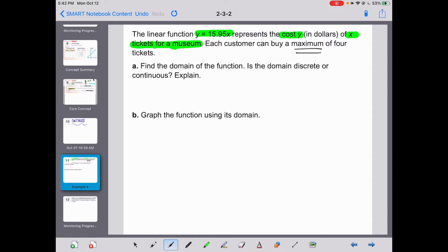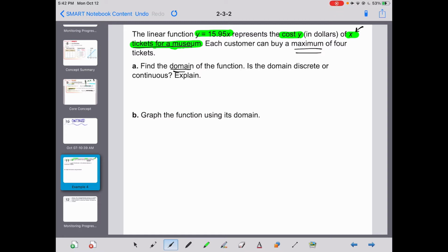It says find the domain of the function and is it discrete or continuous? Let's start with discrete or continuous. Think about x, because we're talking about the domain here. Are they just specific integer values, or is it a continuous set of numbers? X represents the number of tickets you're getting. You can't get 1.5 tickets. You can't get half a ticket.